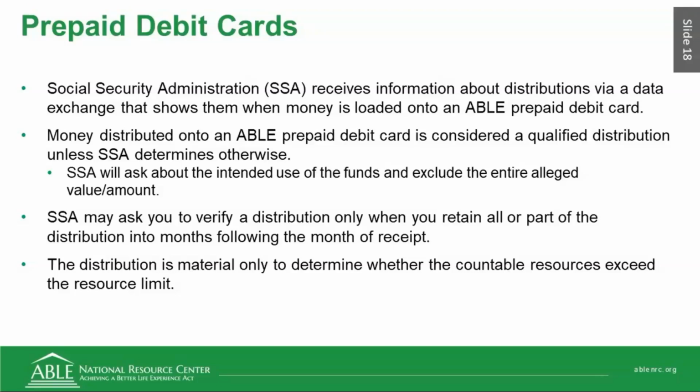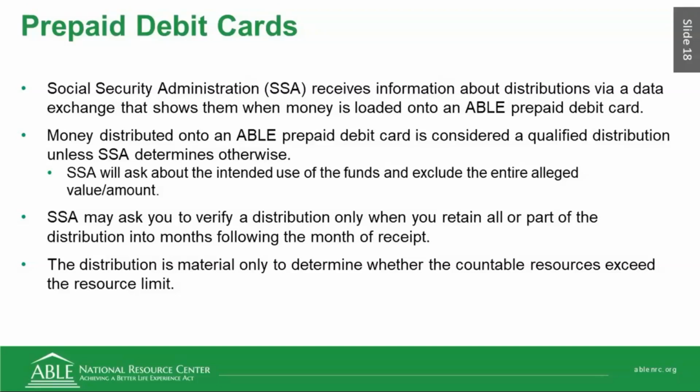If you look at the third bullet on this screen, their policy goes a little bit further, and it says that they may ask you to verify distribution and ask you about the intended use of the funds if you retain all or part of it into months following the month of receipt. And again, we just heard about housing expenses, how they could be counted as a resource if they are retained in the month after the distribution, or months after that distribution was made.